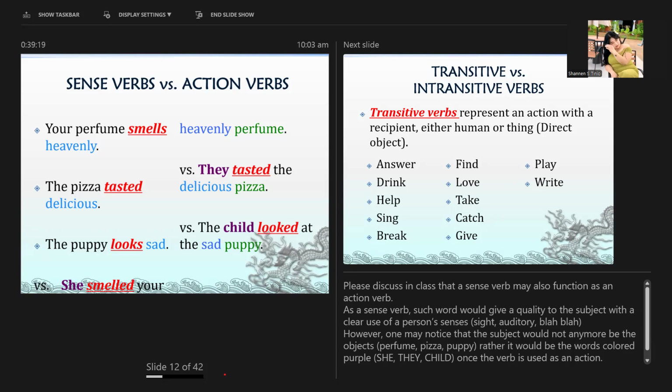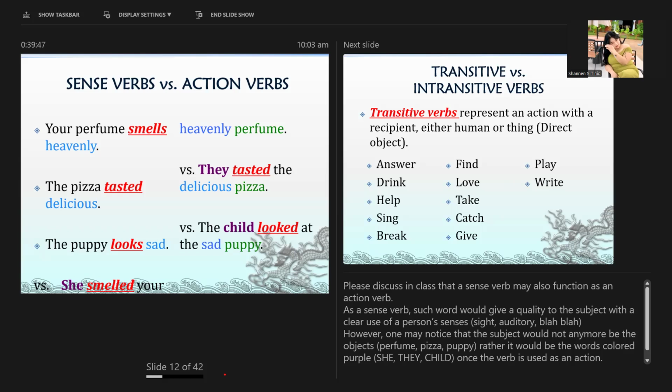Can somebody volunteer their sentences? Let's start with the sense verbs muna. Okay, let's see. I think I'm confident that Jaden can provide one good sentence. Dapat subject.